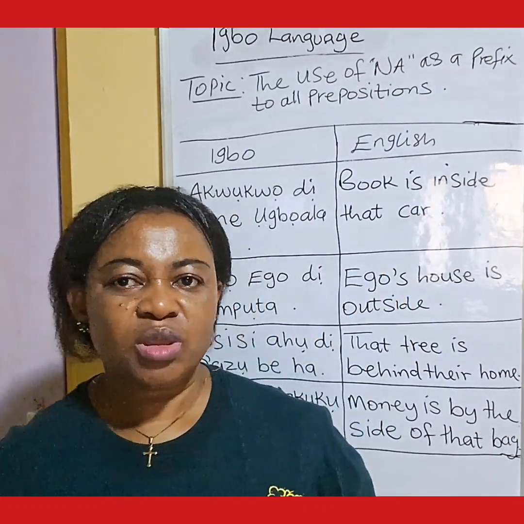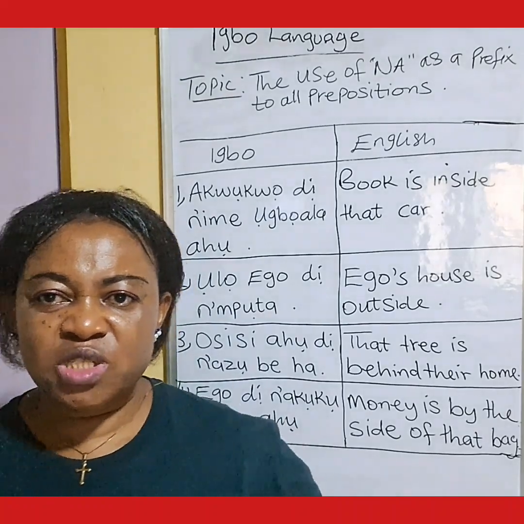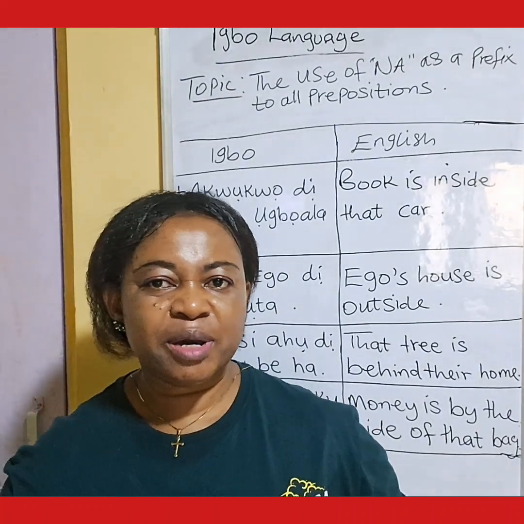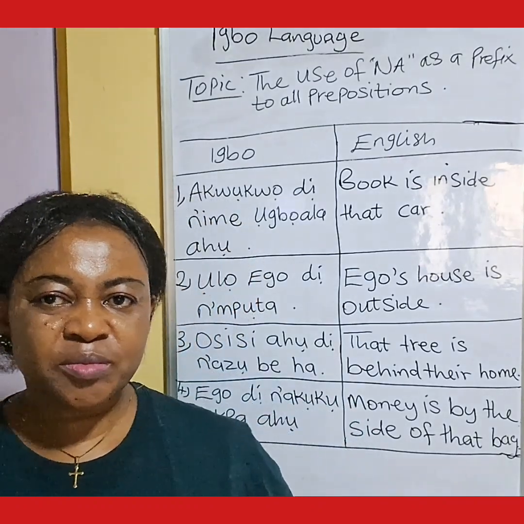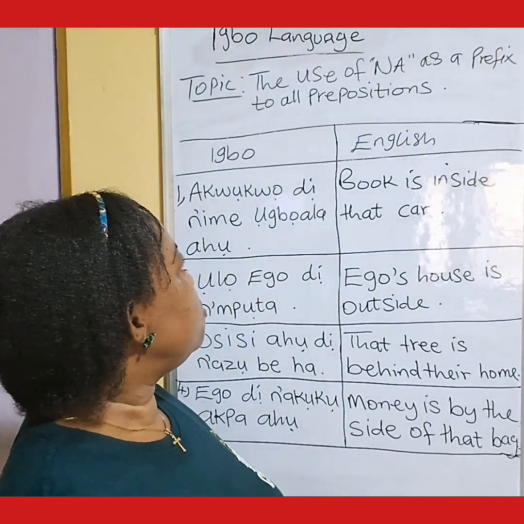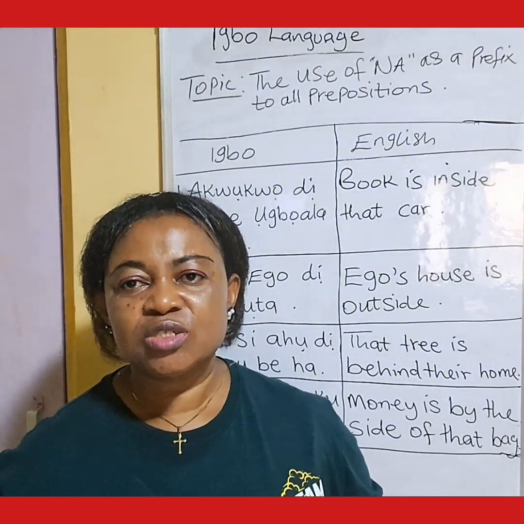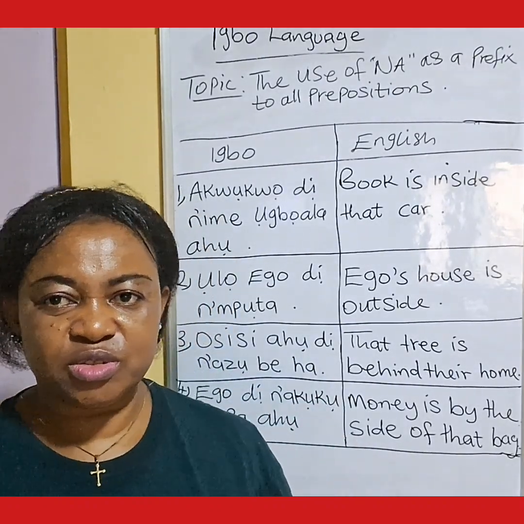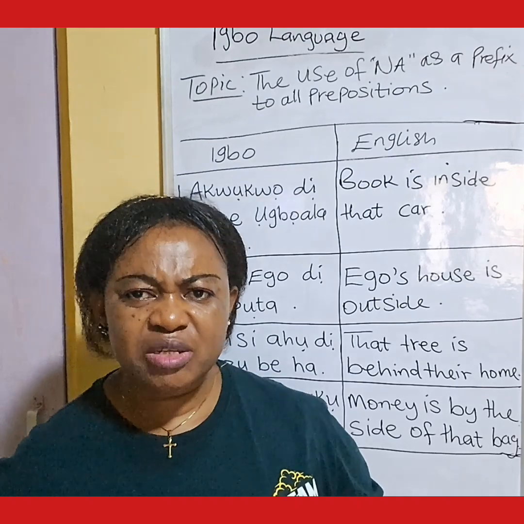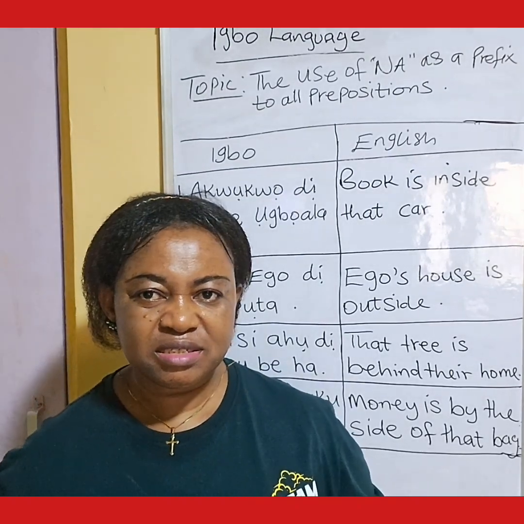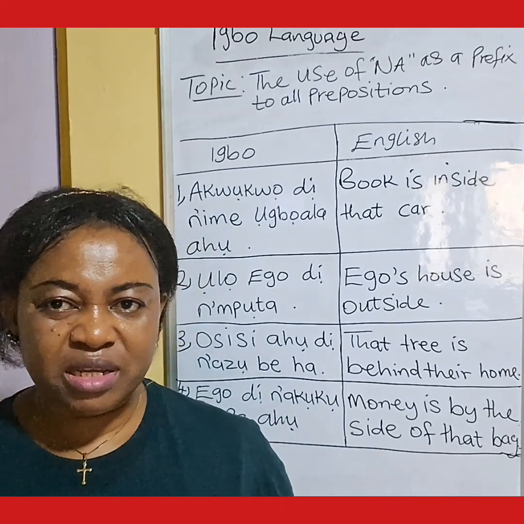Remember, there are 5 uses of na in Igbo language. We have explained 3 of them. We've learned about the use of na as a first person pronoun, I: Anam abia.